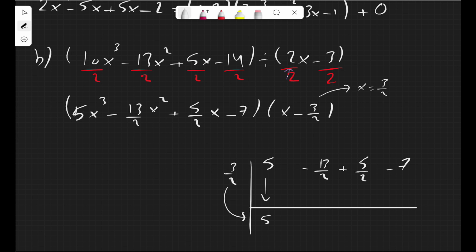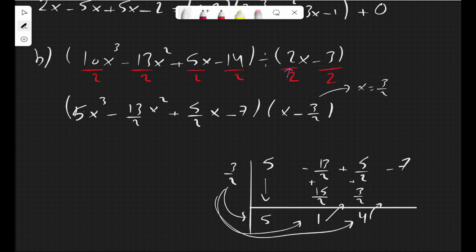Multiply 3 over 2 times 5, which is 15 over 2, plus them. Negative 13 plus 15 over 2 is 2 over 2, which is 1. Multiply again. 3 over 2 times 1, 3 over 2, plus them. 5 plus 3 is 8, divided by 2, 4.